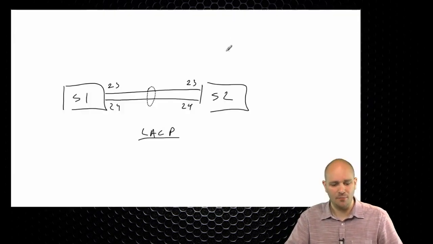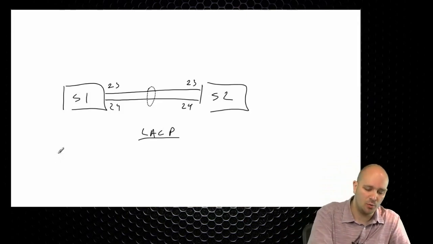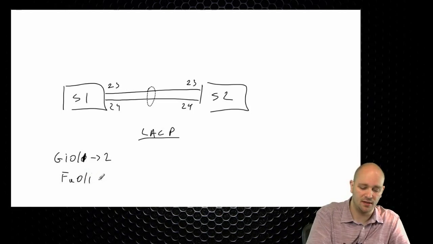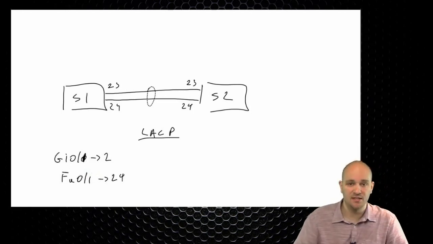Just to give you an idea, on 3560, the lowest port numbers are Gigabit 0/1, then 0/2, and then all the FastEthernet interfaces in sequence.